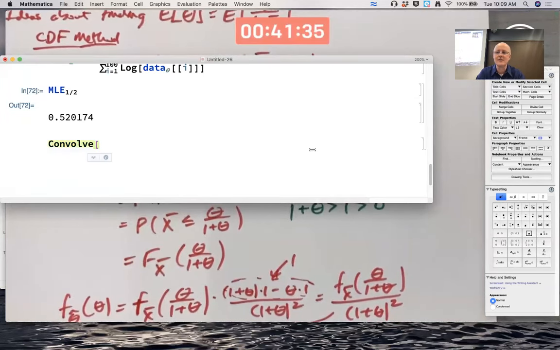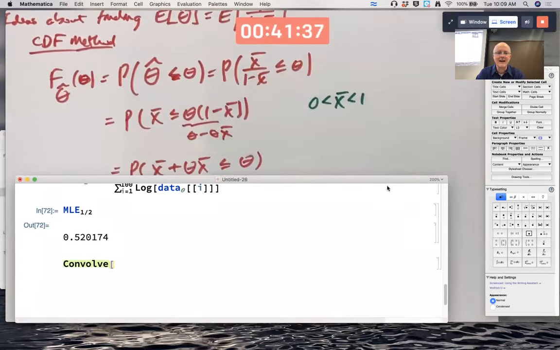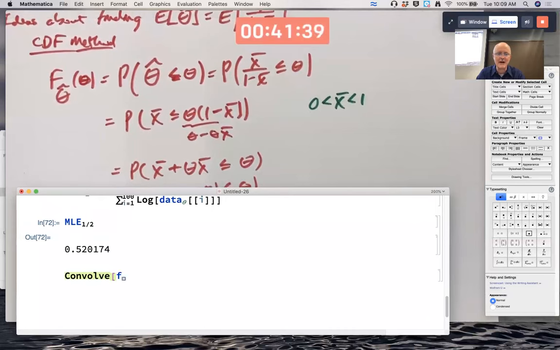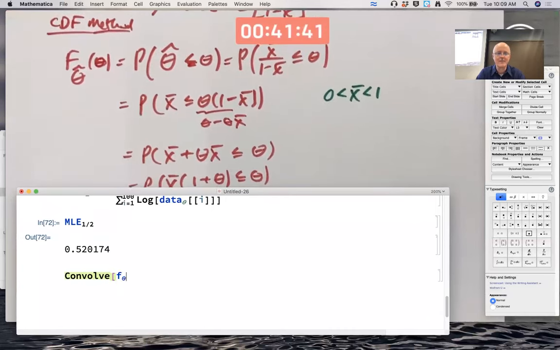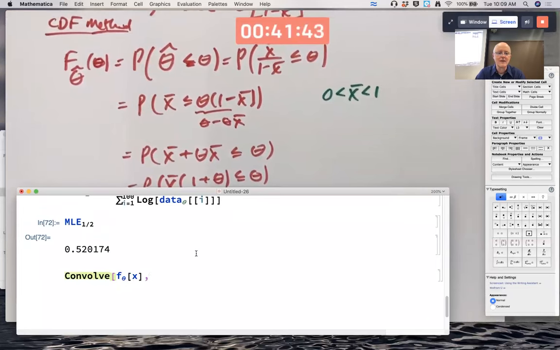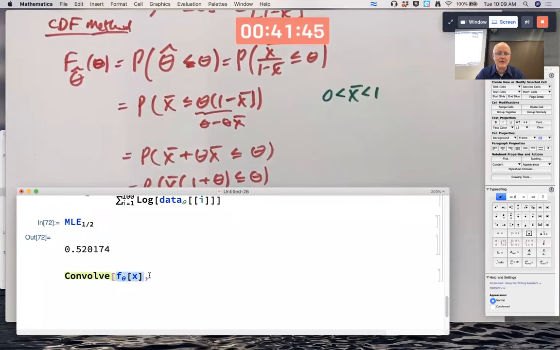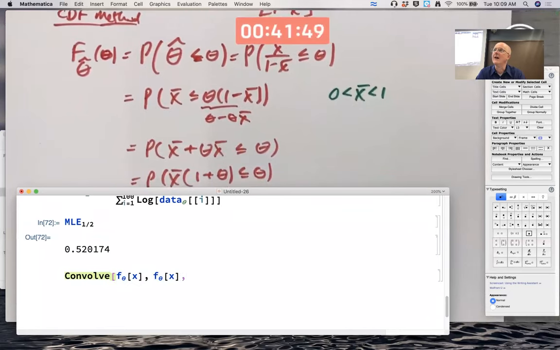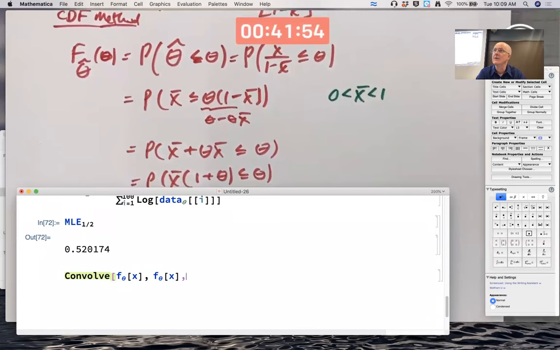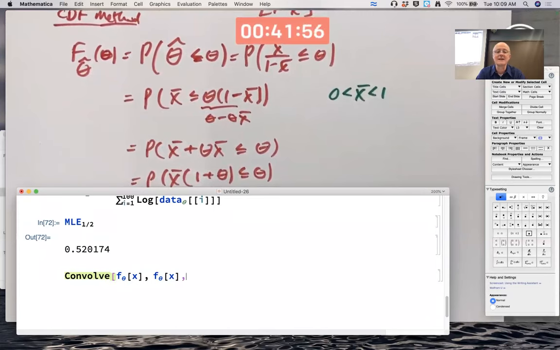Convolve f sub theta of x with itself, for example, is going to give you the PDF of essentially x1 plus x2, if you imagine that's a random sample of size 2 from the distribution of x.